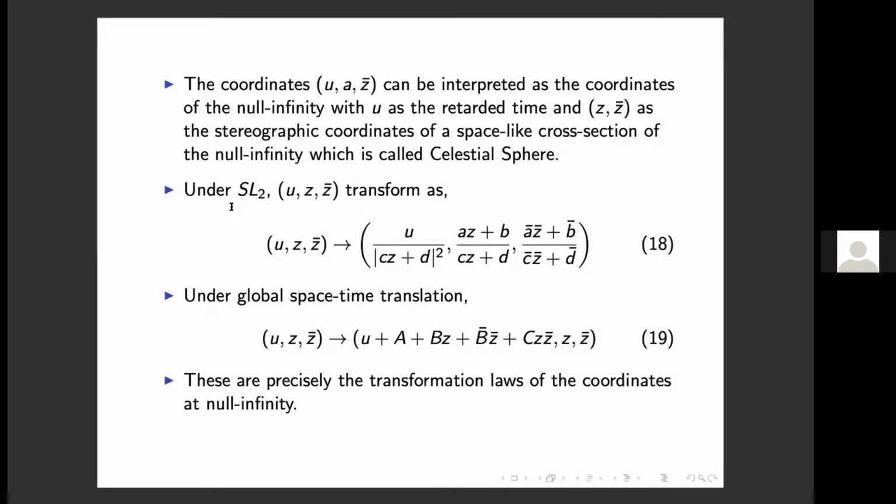So we can see that under the SL2C, this U Z Z bar, we should think of them as transforming as written in equation 18.